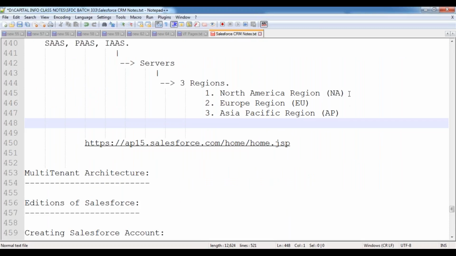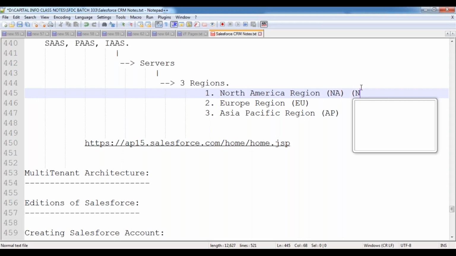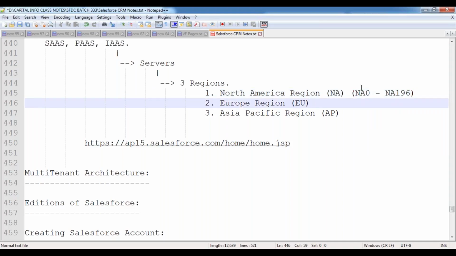I already told you in the previous session, Salesforce is maintaining various servers in each and every region. Like in the North America region, we have the servers NA0 to NA196. Totally 197 servers are available, including backup servers also.